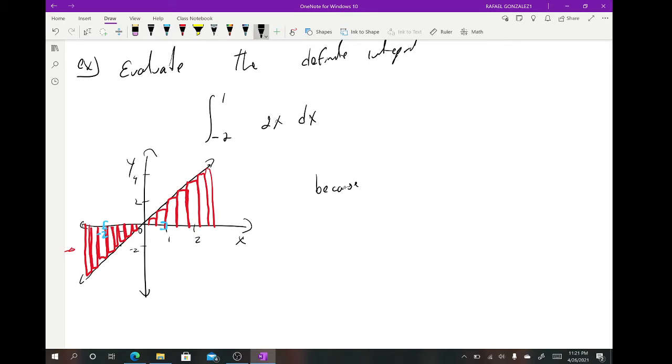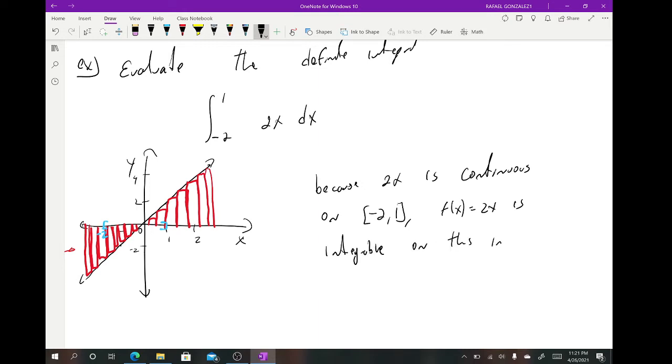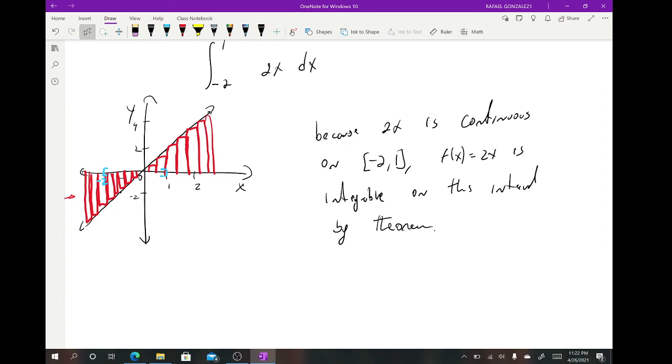So because 2x is continuous on [-2, 1], f of x equals 2x is integrable on this interval by the theorem. That we are guaranteed because it's continuous on a closed interval.